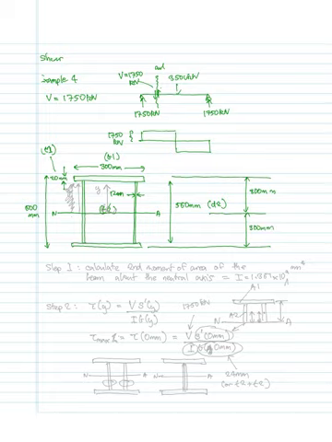So let's go through the strategy. Step 1, let's calculate the second moment of area of the beam about the neutral axis, because we're going to need those terms later on.